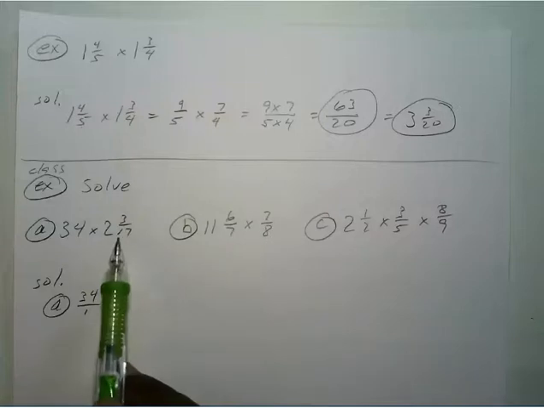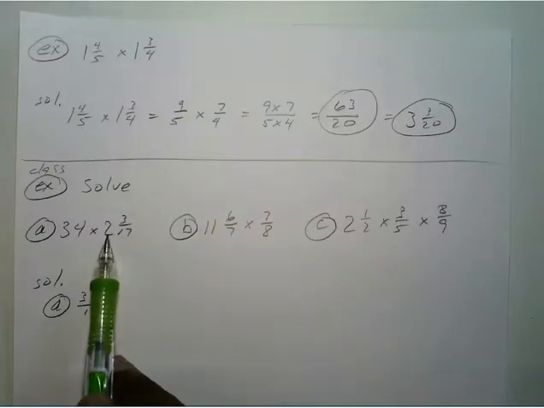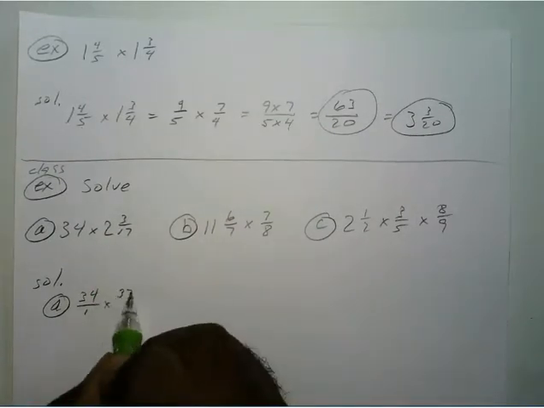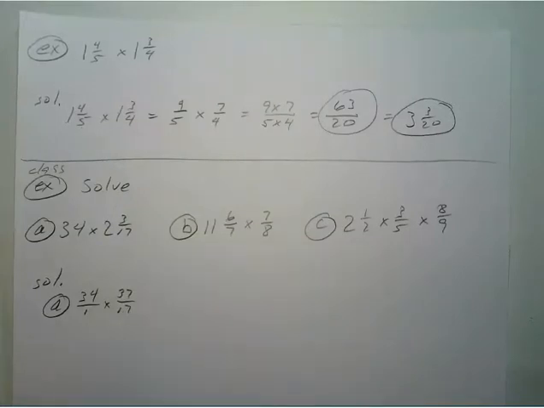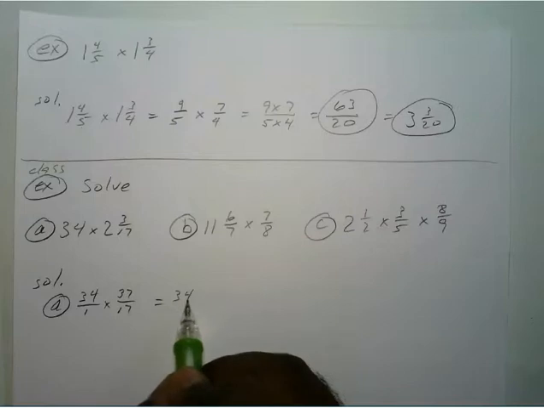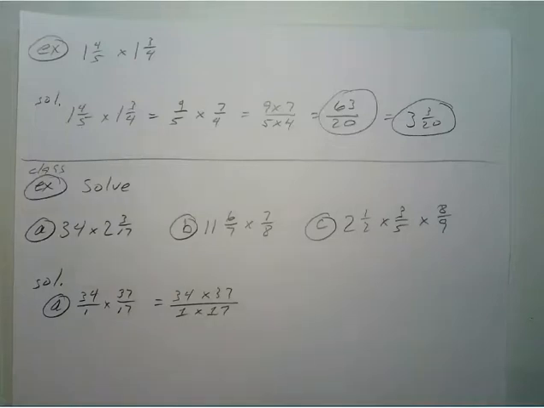Times, and when you have a mixed number, you want to convert that into an improper fraction. 17 times 2 is 34, plus 3 is 37. So that gives us 34 times 37 over 1 times 17.